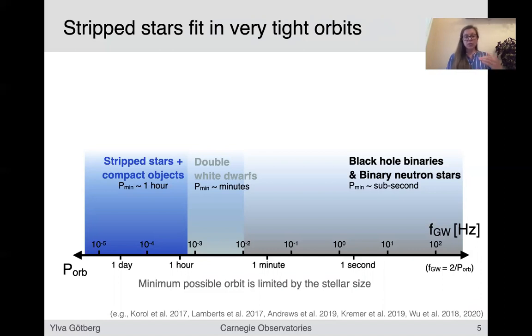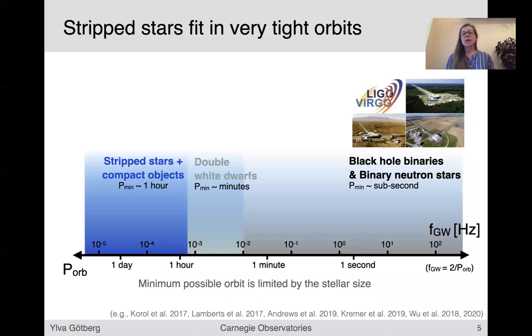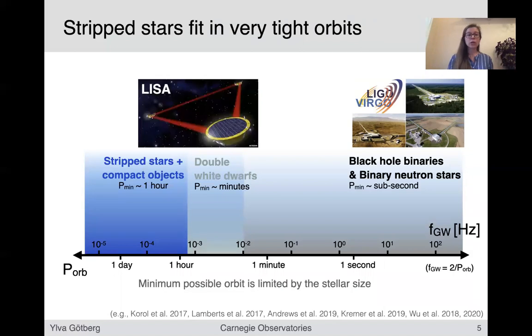Now when we show this with the period frequency range here, you know that LIGO is suitable for detecting the binary black holes and binary neutron stars, and LISA is definitely going to detect a lot of double white dwarfs. But a significant part of the frequency range that stripped star binaries occupy can also be detectable by LISA.